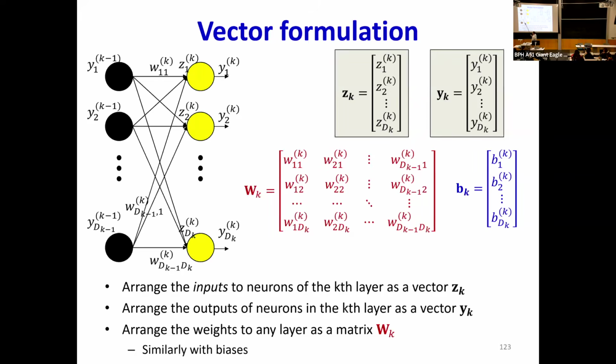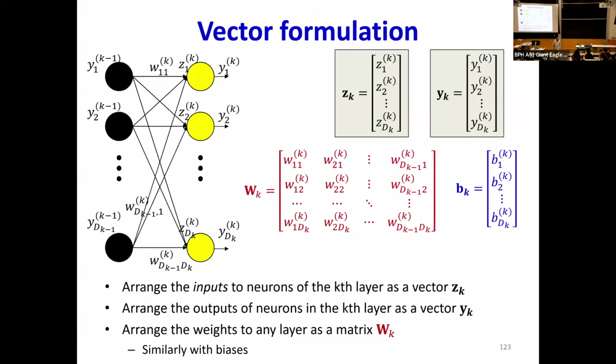So the first row here is the set of weights that come to the first neuron in the next layer. The second row is the set of weights to the second neuron in the next layer, and so on, right? And so now I can define a weights matrix. I can even define a bias vector, which is the vector of biases for all of the neurons in this layer.